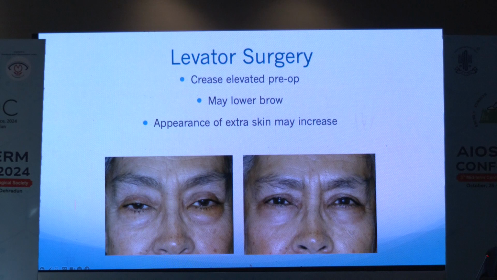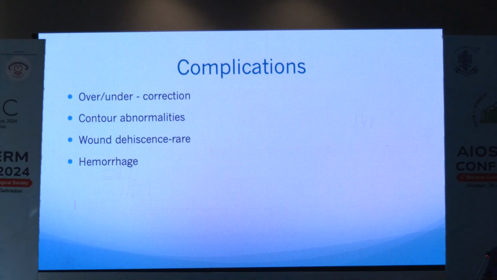So this is something we all have to take into consideration: when you elevate the lid, the dermatochalasis comes down, and they're not using their brows as much. You see the brows come down. So you have to warn them, we may need to take skin later. If you think about it in advance, then you can probably incorporate that into your incision, but you're going to have to extend it. That's not a small incision levator procedure or skin excision.